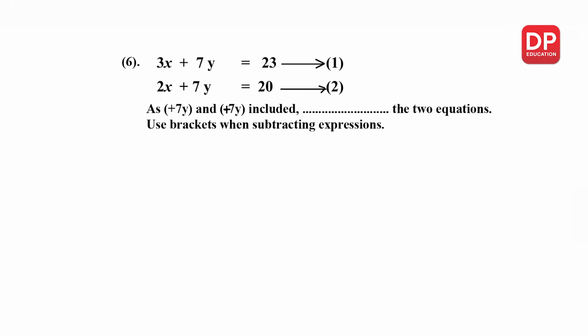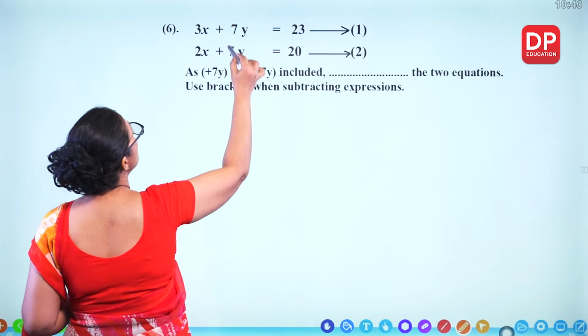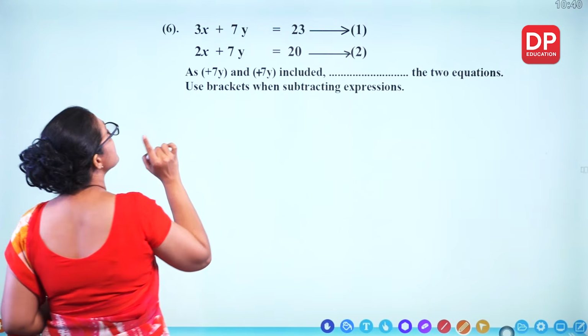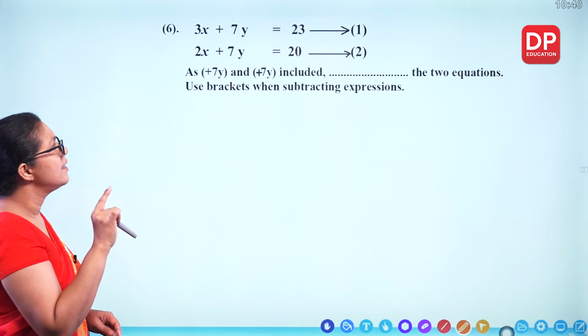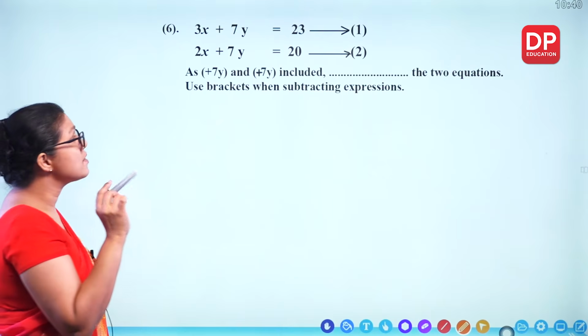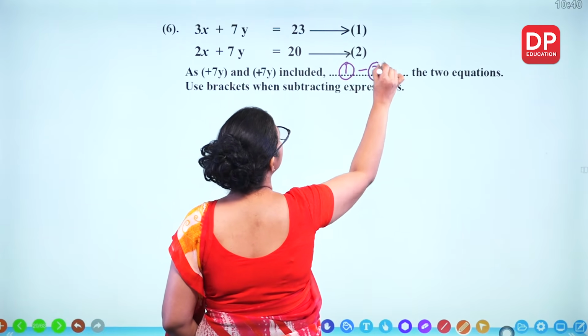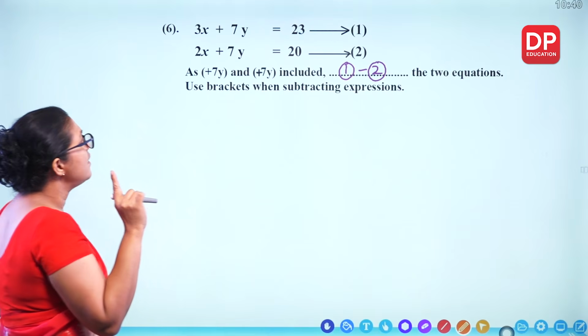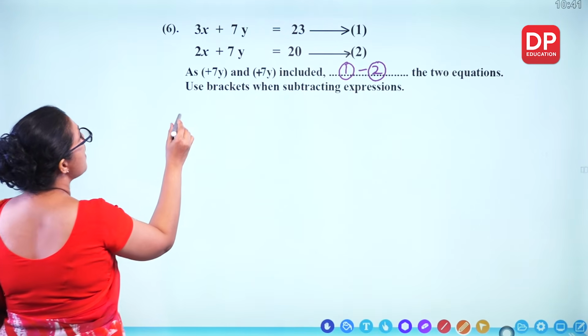Now look at these simultaneous equations and we'll try to solve that. These are the two equal coefficients, both plus 7y and plus 7y. So what you have to do? You have to subtract the two equations. And then when you subtract, make sure that you put brackets.